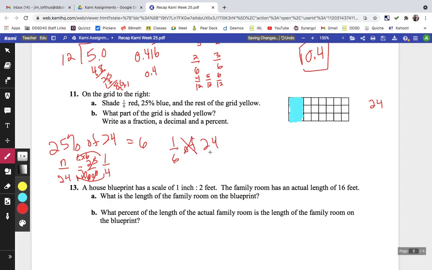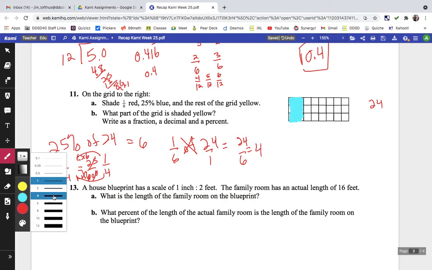So 1/6 times 24 is equal to 24/6, and that's equal to 4. I'm going to make my pen a little bit bigger. It's really important to understand that of means multiplication. So we'll just do 4 of these like this. So there is 1/6 of it.